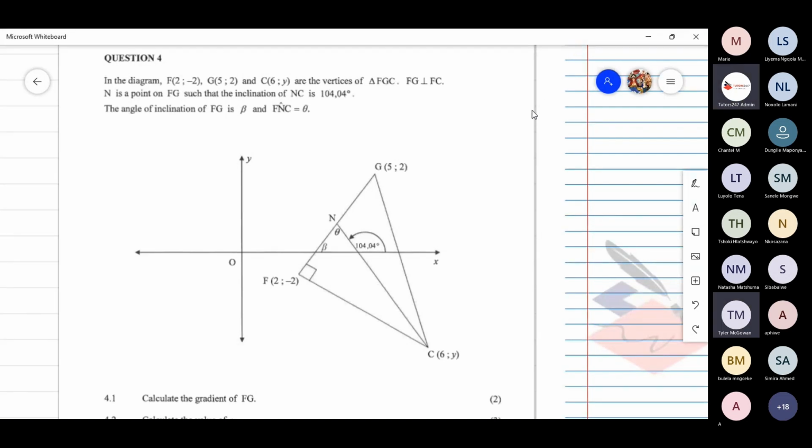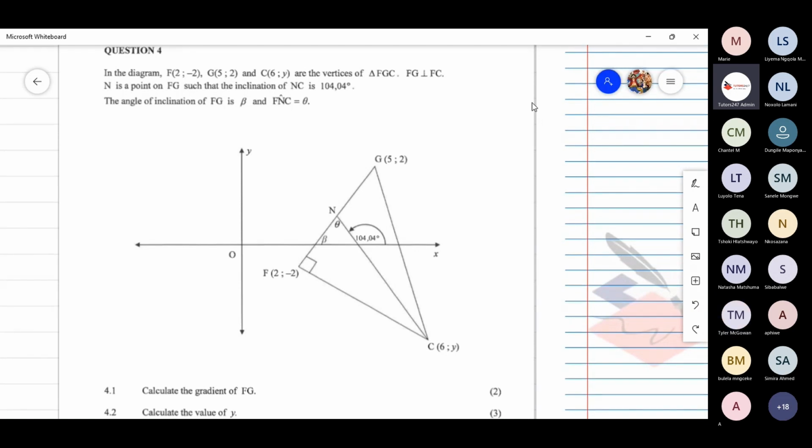Okay, so we have in the diagram F, which has coordinates (2, -2), G, which has coordinates (5, 2), and C, which has coordinates (6, y). So as you can see, the y value of C is not given. They are the vertices of triangle FGC.